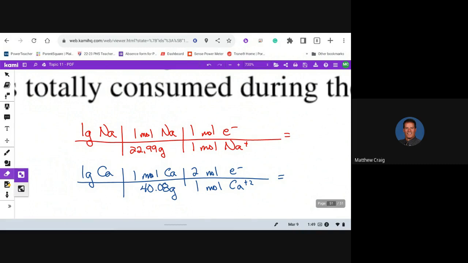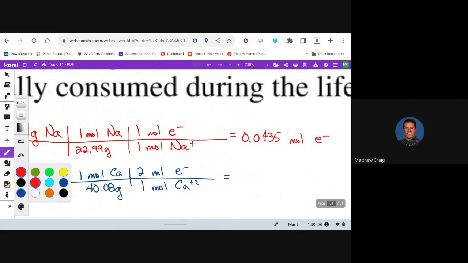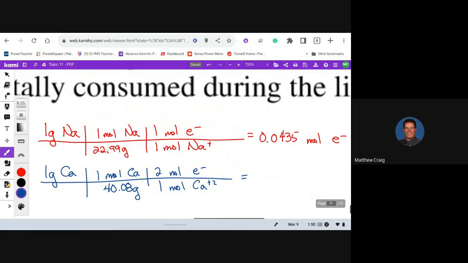So 1 divided by 22.99 is 0.0435. And then this one is 2 divided by 40.08, so 0.0499, we'll say 0.05. So which one produces more electrons? Calcium. That's your justification right there with calculations.